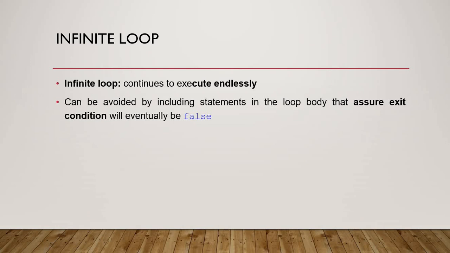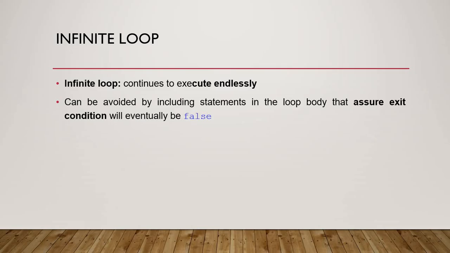So you have to make sure that there will be a certain update statement that will update the loop control variable, so that when the repetition process has been completed, the condition tested on the loop control variable will be false.